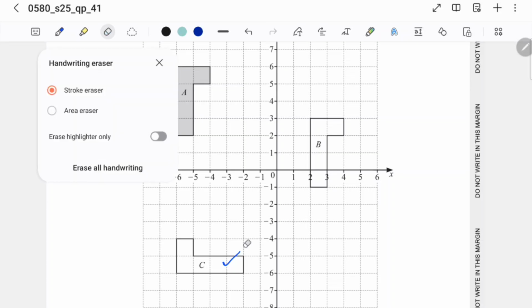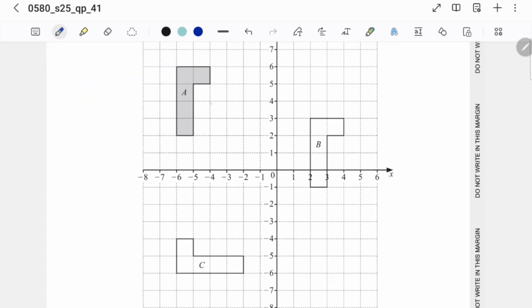Whenever we check A and C, we can see that there is no enlargement, obviously no translation, and no reflection. So it's a rotation. Whenever you join the corresponding points, you will not get parallel lines.